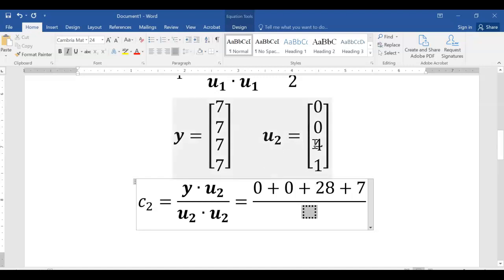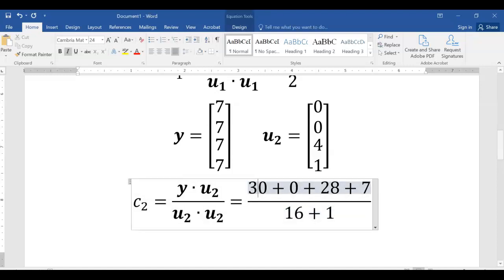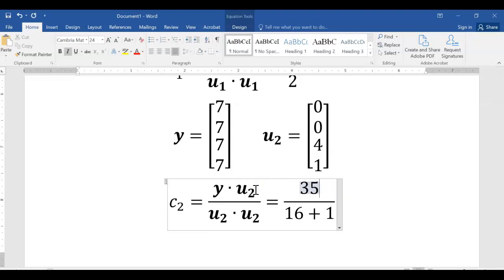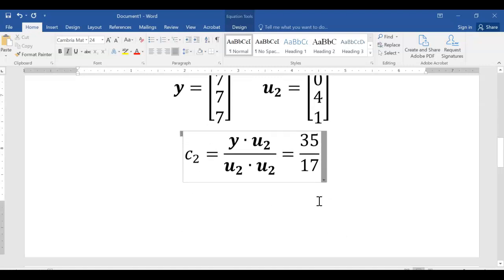For our denominator, we're going to take 4 times 4 plus 1 times 1. So our denominator is going to end up as a 17. Now that's kind of an ugly fraction, but that's still perfectly legitimate for a real number coefficient. So there you go, 35 over 17.